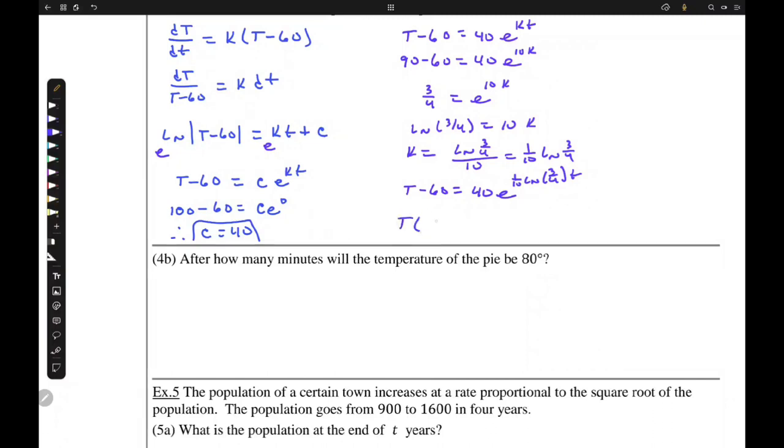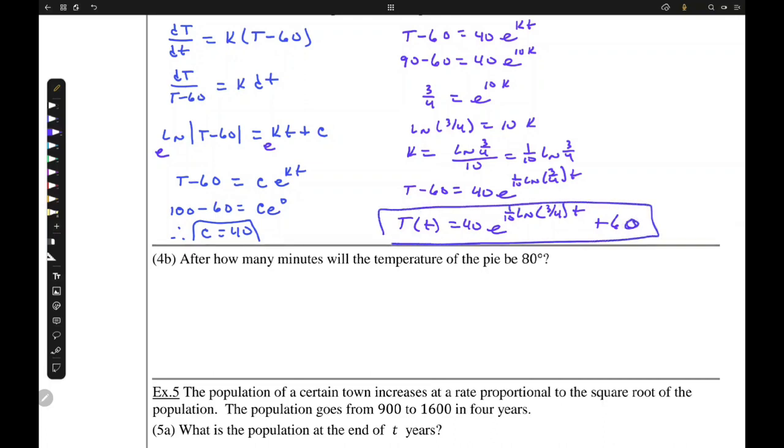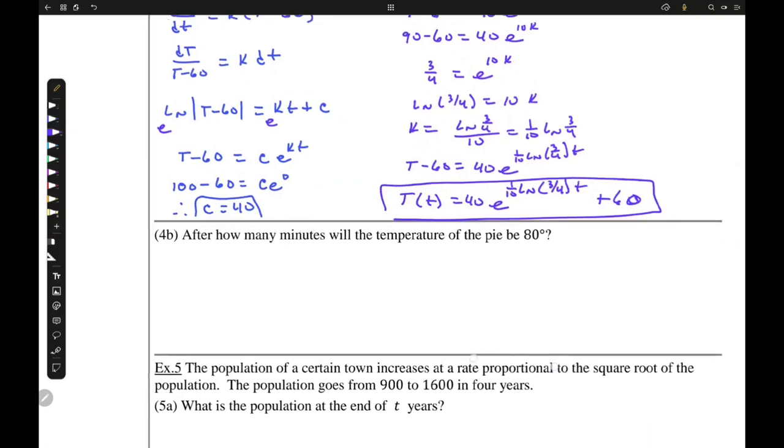So T of, this is maybe a little confusing, big T of little t is equal to 40 times e to the 1/10 natural log of 3/4 t, and then we added 60, plus 60, and that is our equation. And so that one's fairly straightforward.